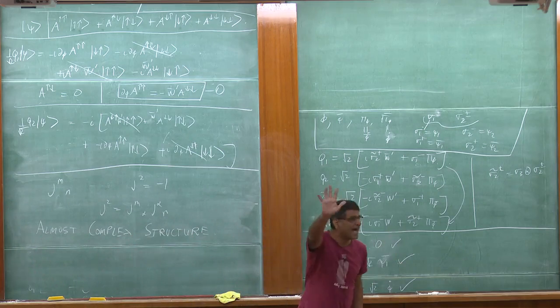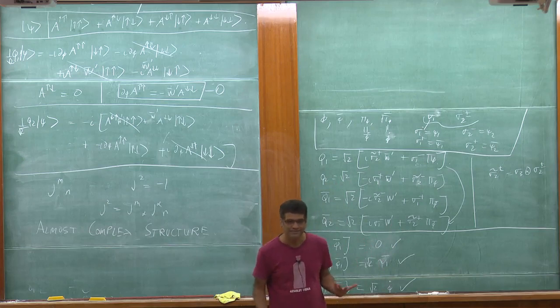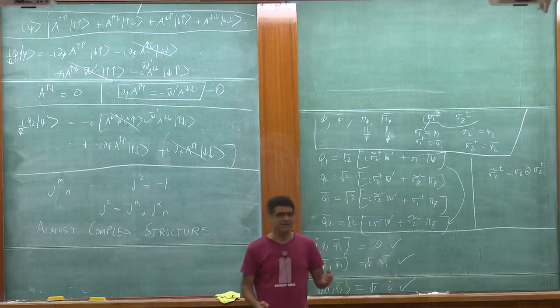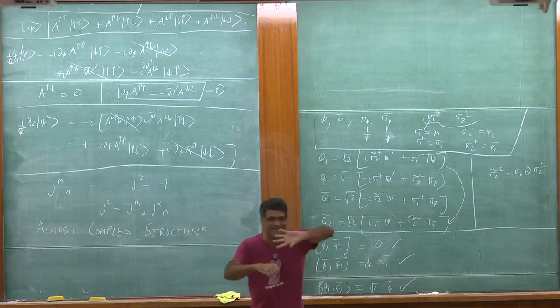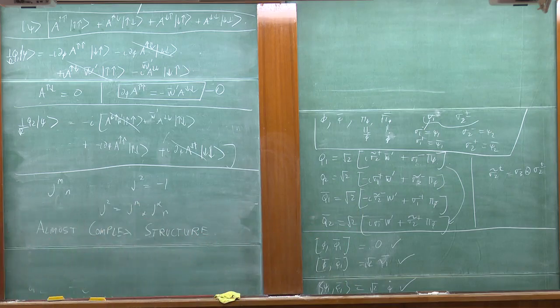So the plus i eigenspace is the holomorphic part, and the minus i eigenspace is the anti-holomorphic part. J takes x to y and y to minus x, with x plus iy being the complex direction, or it takes z to iz and z bar to minus iz bar.